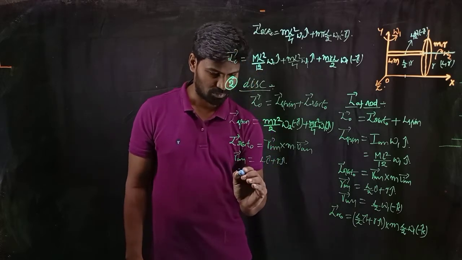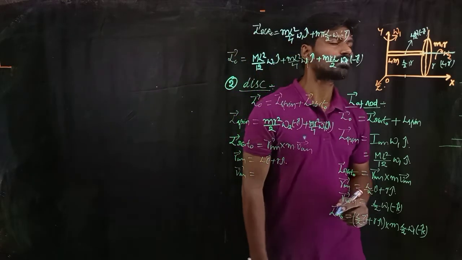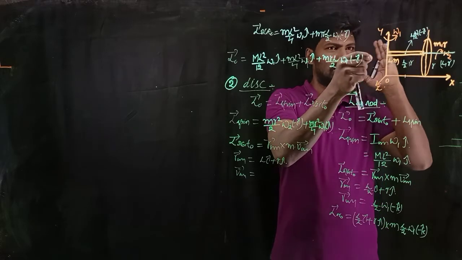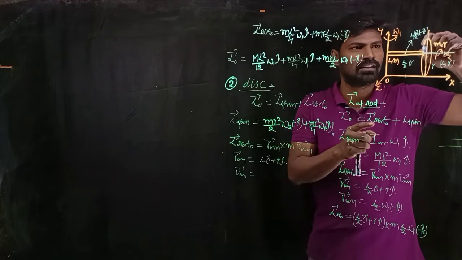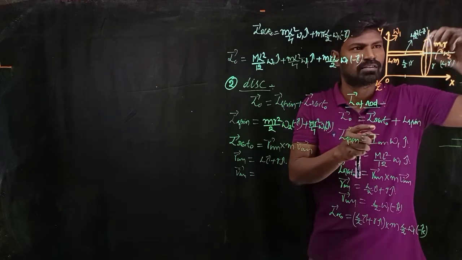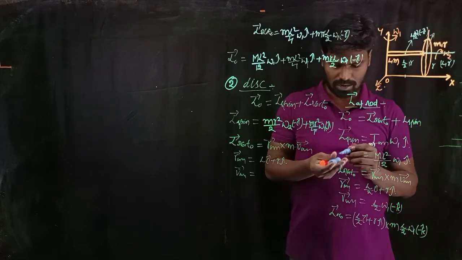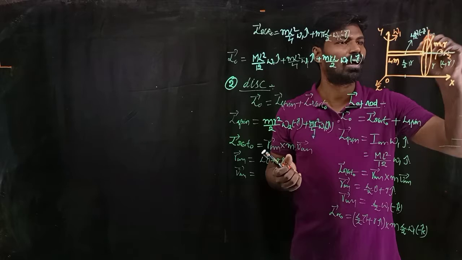And the velocity of the center of mass, the tangential velocity, have a look at it. Why does it have a tangential velocity? Because the disk as a whole is rotating about the y-axis. So its center of mass has a velocity into the plane of the board, and its value is V equal to R omega.